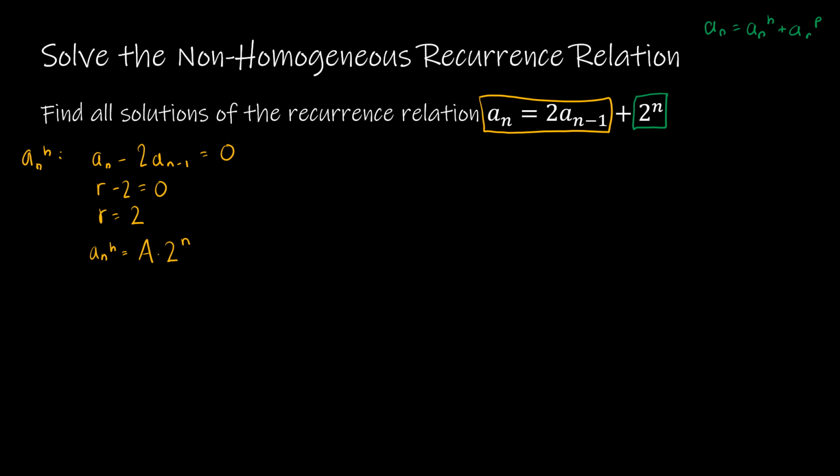Now let's take a look at the non-homogeneous portion of it, or the function that makes it non-homogeneous. Just as I did before, I have to think about what my guess is. So going back to that table, if I'm looking at r to the n, my guess should be C r to the n, so that's what we're going to use, C times 2 to the n.